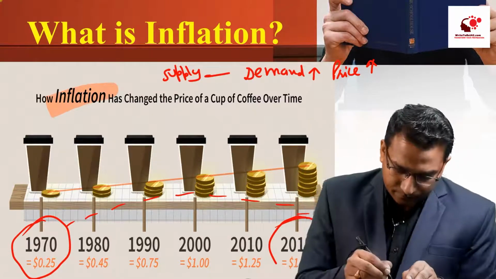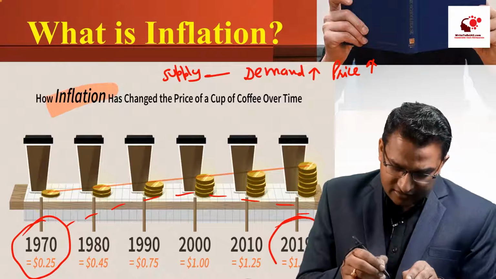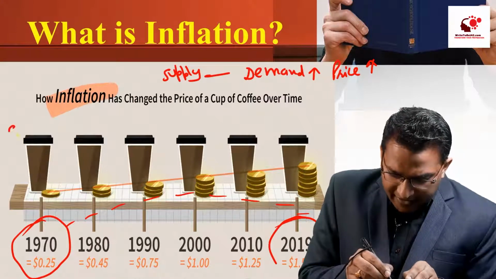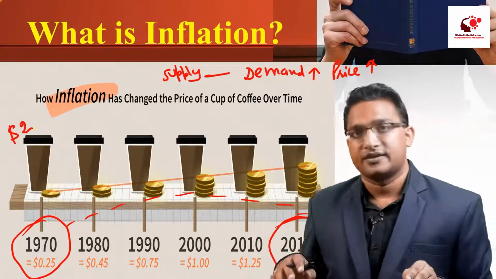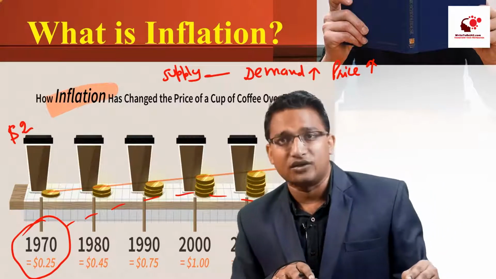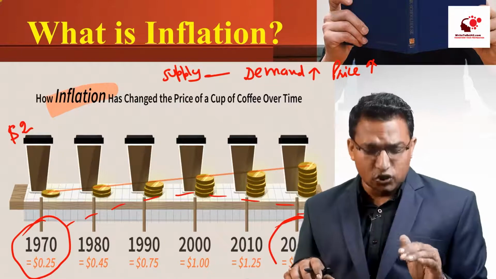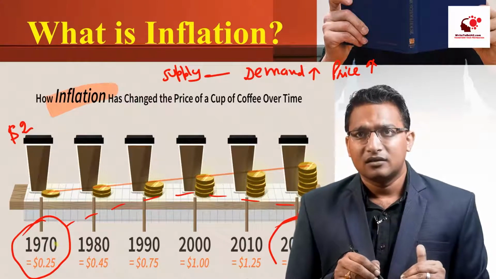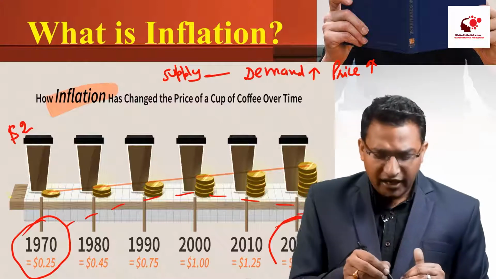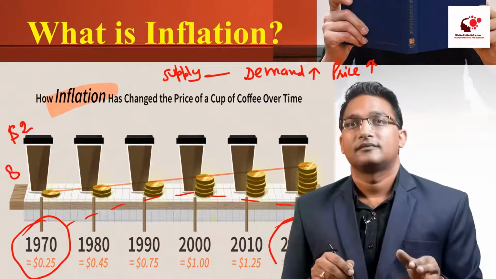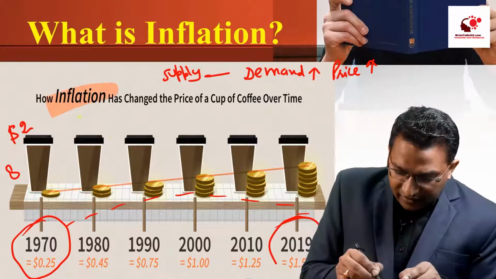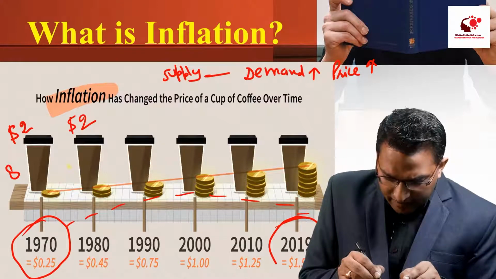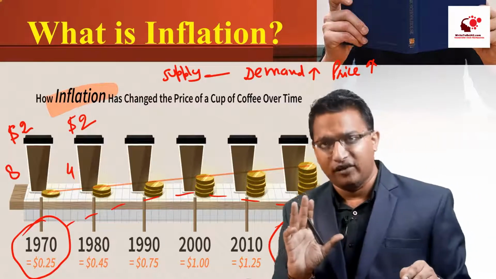Now suppose in this example the buyer had $2 currency. In this $2, how many cups of coffee can the buyer buy? The buyer can buy 8 cups of coffee. In 1980, with the same $2, the buyer can buy approximately 4 cups.